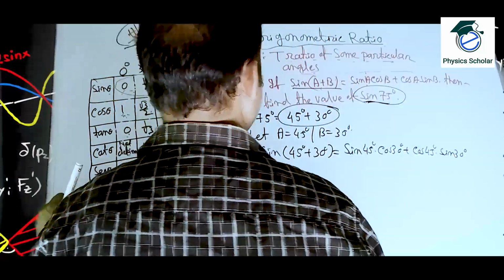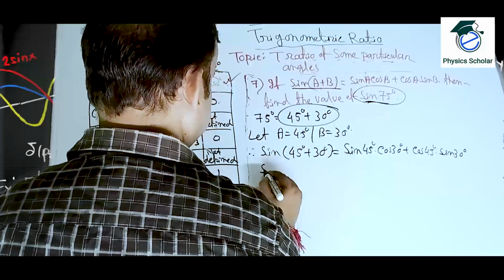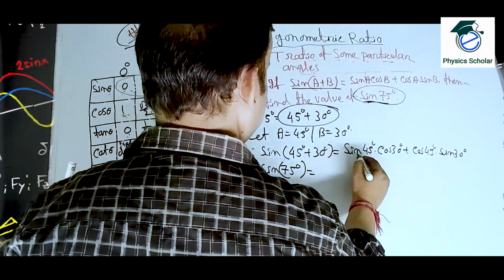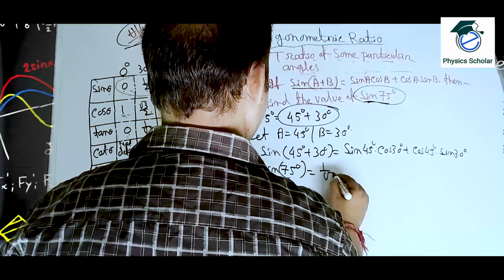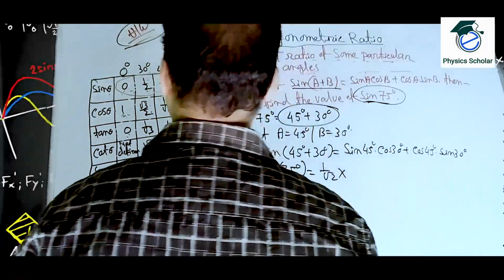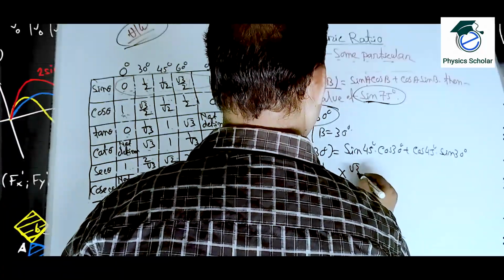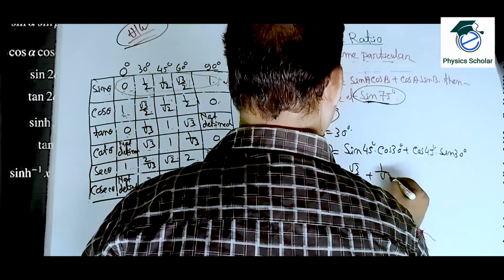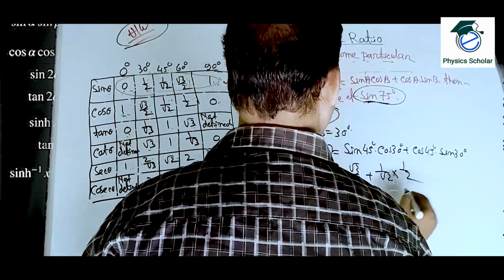Clear? So it is sin 75 is equal to sin 45 means 1 by root 2 into cos 30. Cos 30 means root 3 by 2 plus cos 45, 1 by root 2, into sin 30 means half.